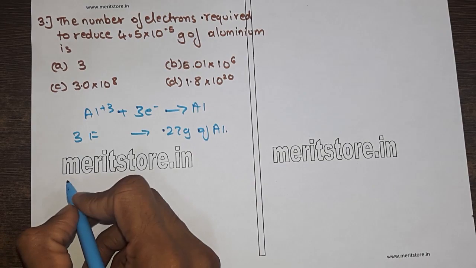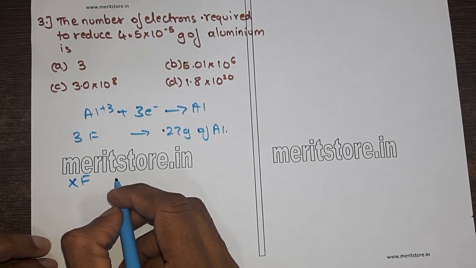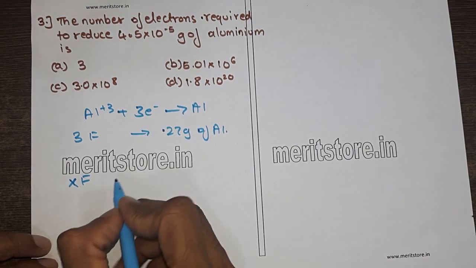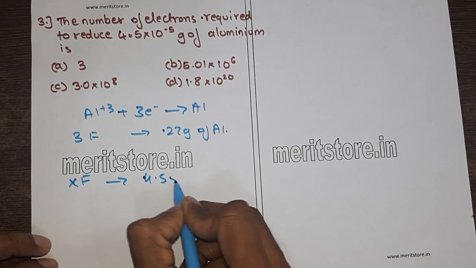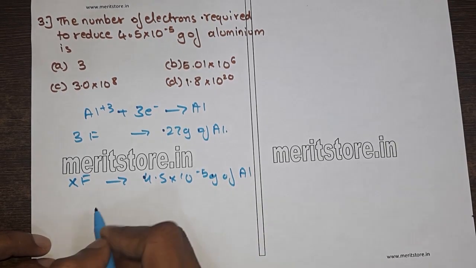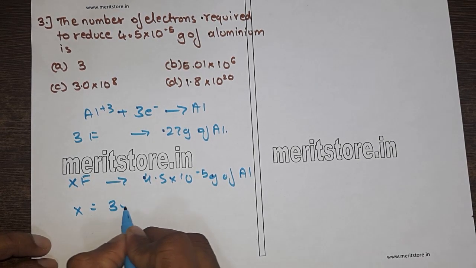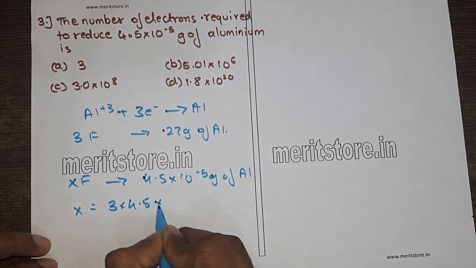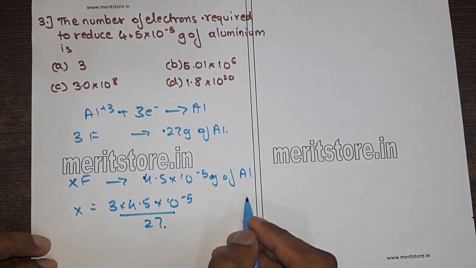So the X Faraday of charge required to deposit 4.5 into 10 raised to minus 5 gram of aluminium can be found as X equal to 3 into 4.5 into 10 raised to minus 5 upon 27.